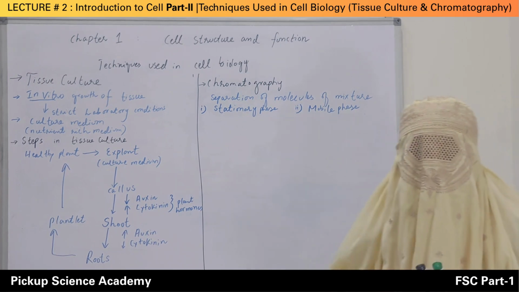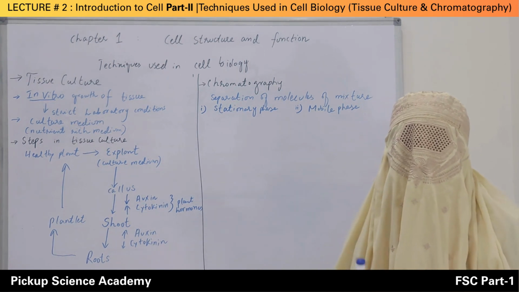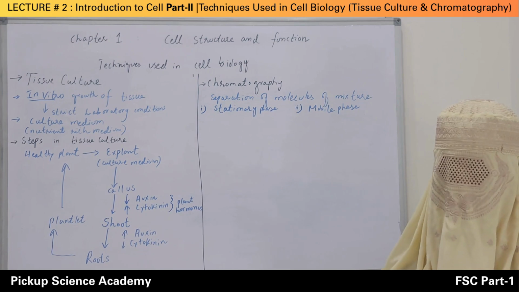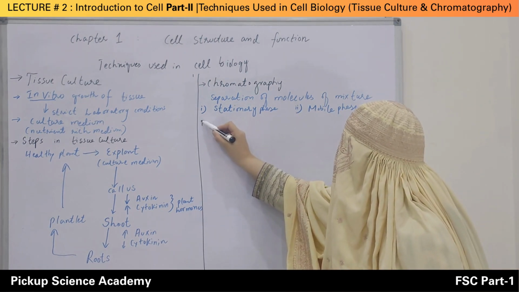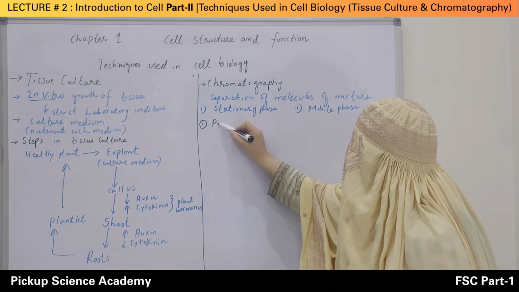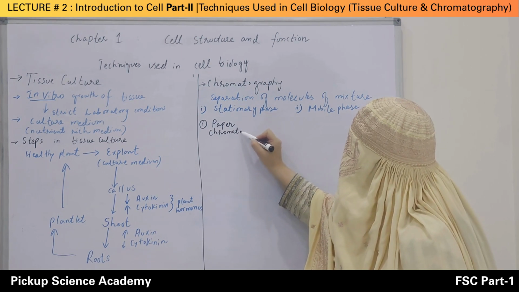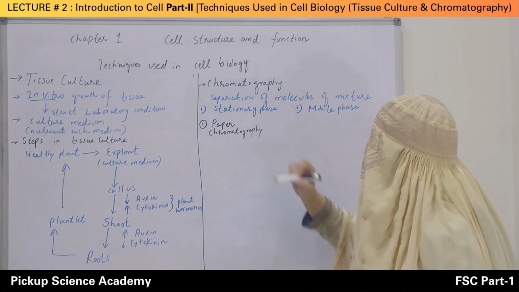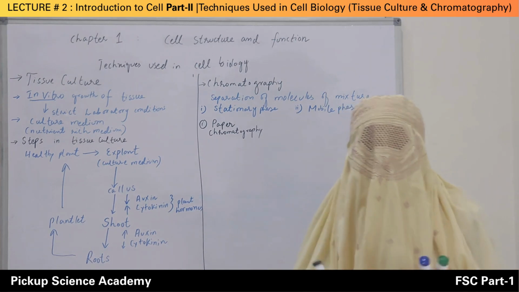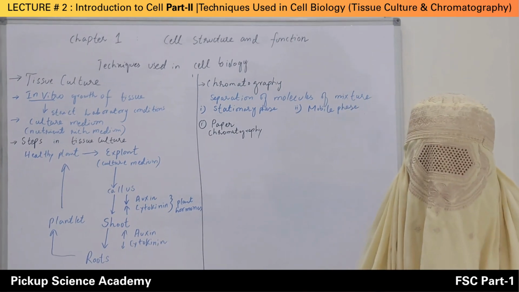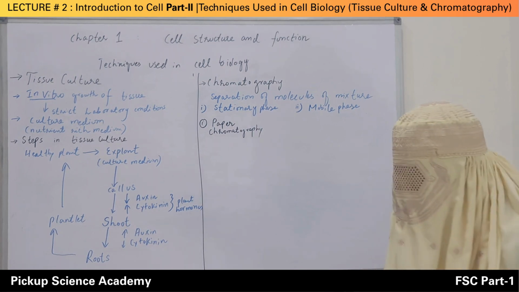While the mobile phase is the phase which moves over the stationary phase, and it takes the sample with it. Okay, so two important types of chromatography are, the very first is paper chromatography. Okay. So in paper chromatography, we use paper as a stationary phase. Okay, let me show it to you through diagram.